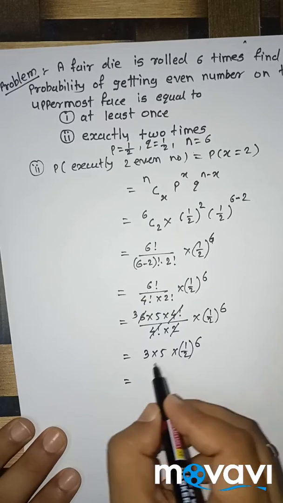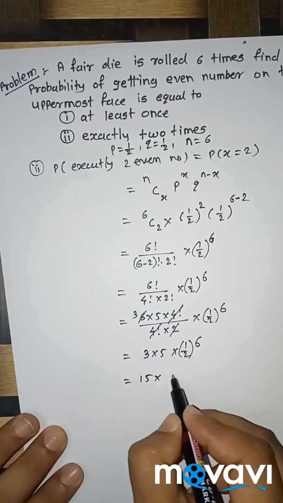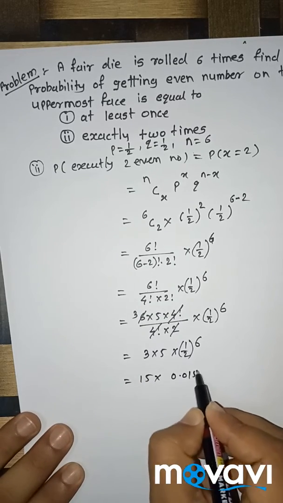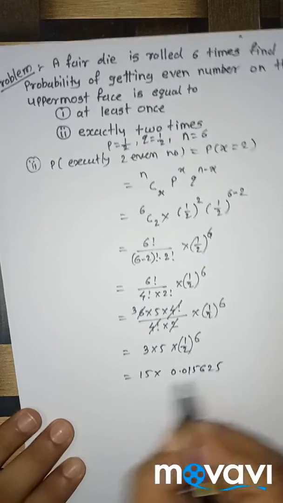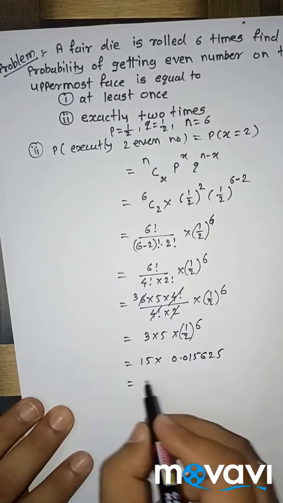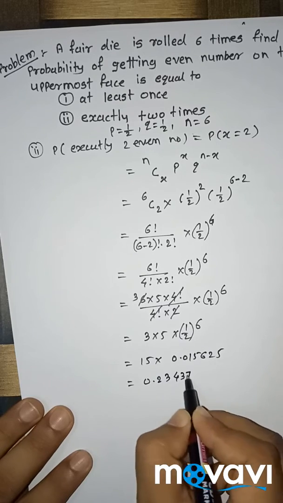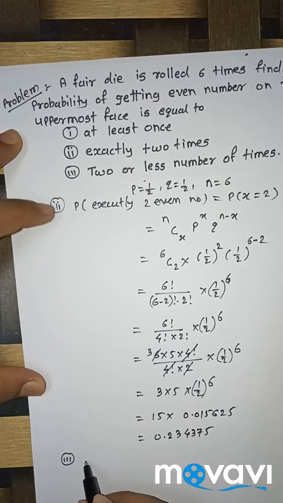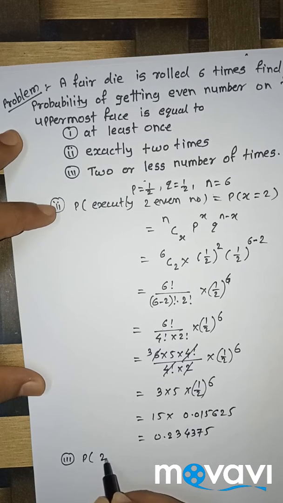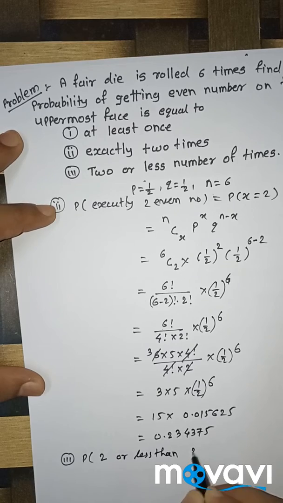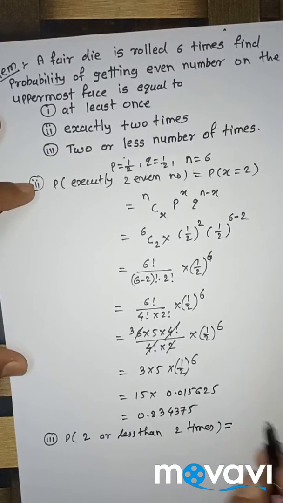If we calculate this, we get 15 into 0.015625, and this is equal to 0.234375.